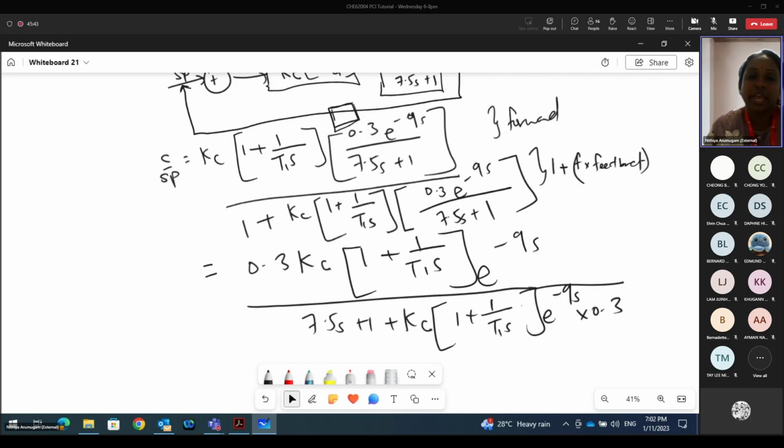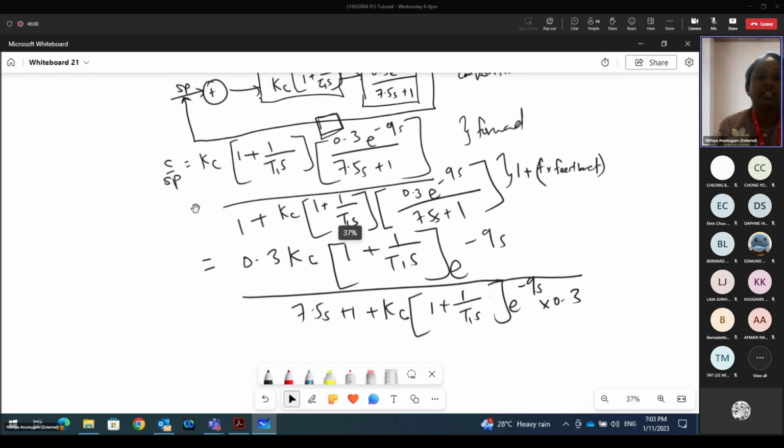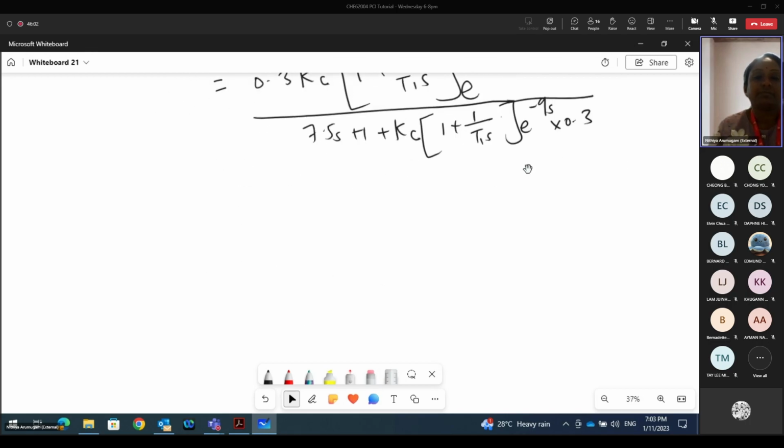So this is how we express the C over SP. Okay, it has to be in the form of forward over 1 plus feedback times the forward direction. So you need to simplify and then come out with the final step shown here.